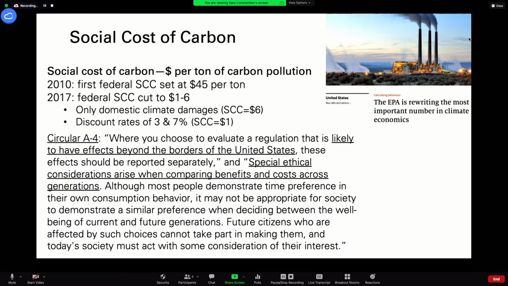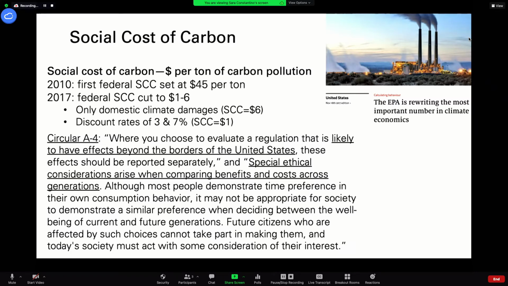And scientists recently issued a report suggesting that the social cost of carbon should be in the range of $100 to $200. So it was already low. The EPA under Trump cut the federal social cost of carbon to $1 to $6 per ton, depending on how the calculation was made.